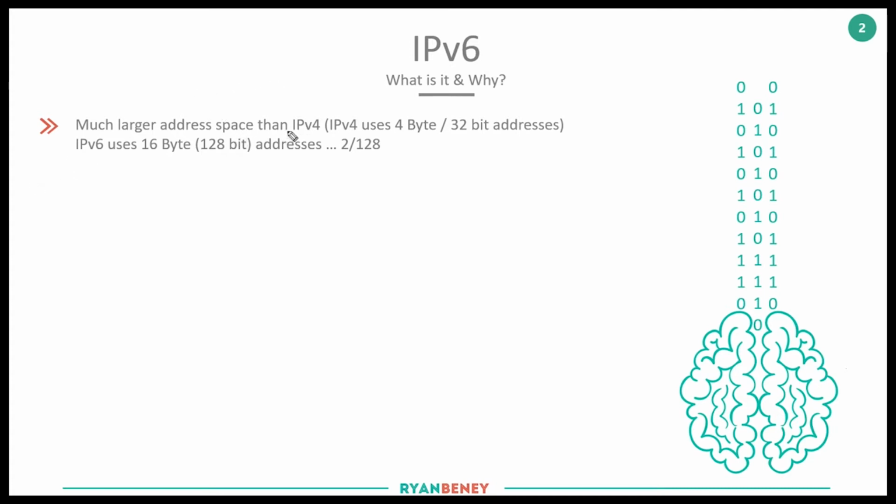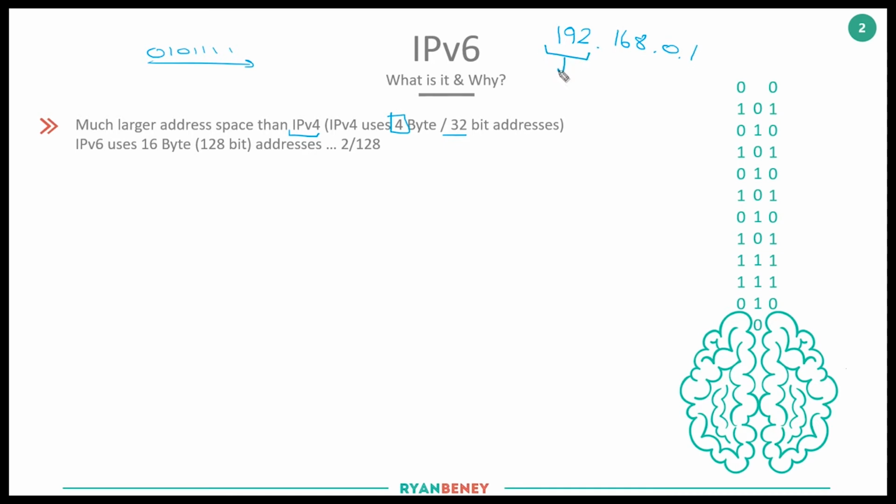So we know a lot about IPv4. We know that it's a 32-bit address field. Remember those zeros and ones that we talked about previously? There's 32 of them. And we know that each octet is a single byte. And since we have 4 octets, we have 4 bytes in total. So we write out an IPv4 address like so.